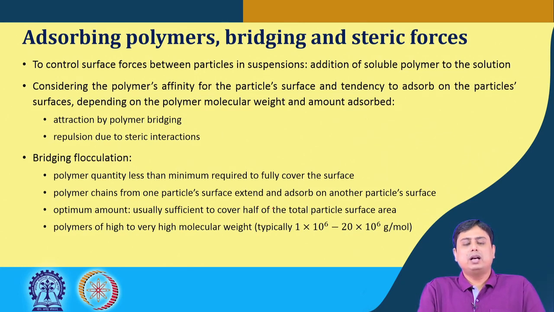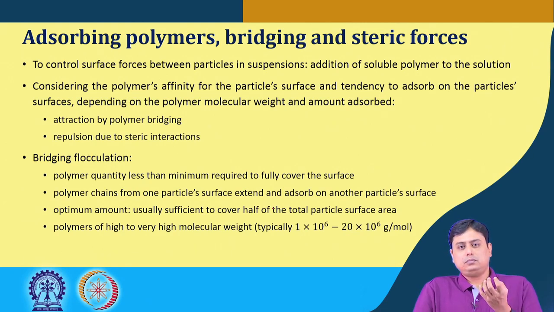Now, we consider the polymer's affinity towards the particle surface, and it adsorbs on the particle surfaces depending on the molecular weight and the amount being adsorbed. Depending on these parameters, we can have attraction or repulsion: attraction due to polymer bridging, or repulsion due to steric interactions.